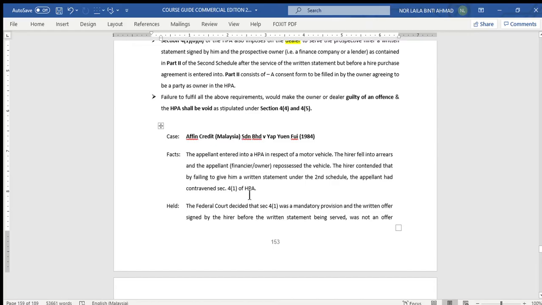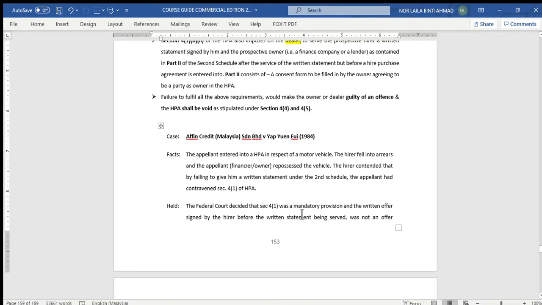In this case, the hirer contended that by failing to give him a written statement under the Second Schedule, the appellant had contravened Section 4, Subsection 1A. The written statement here refers to the pre-contractual disclosure of written information, the short descriptions of goods mentioned earlier.